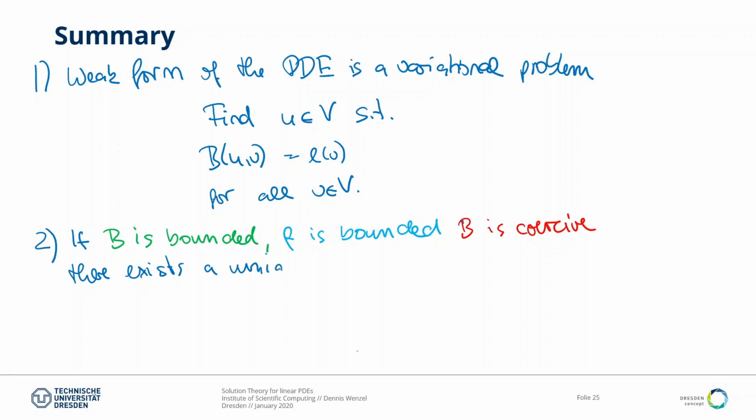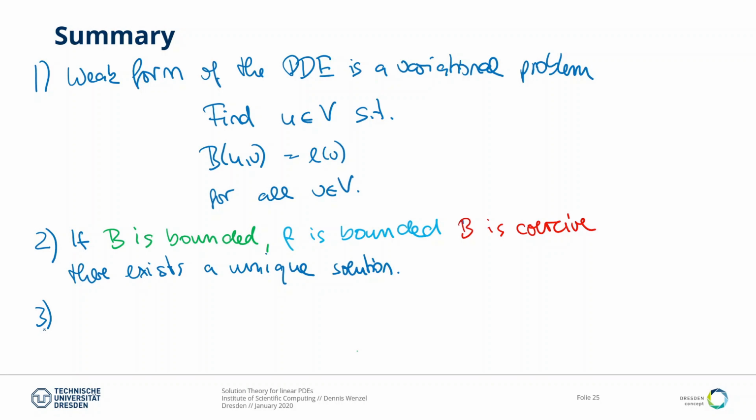And there is a reason why I've written this last property of coercivity in red, because this is usually the problematic thing. So usually when you have a well-defined problem, boundedness for B and F is not a problem, but coercivity is. And that's what we will later on see.